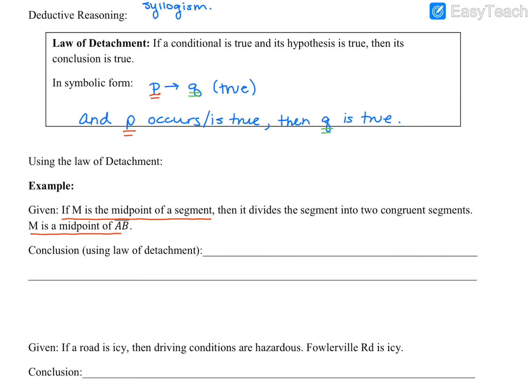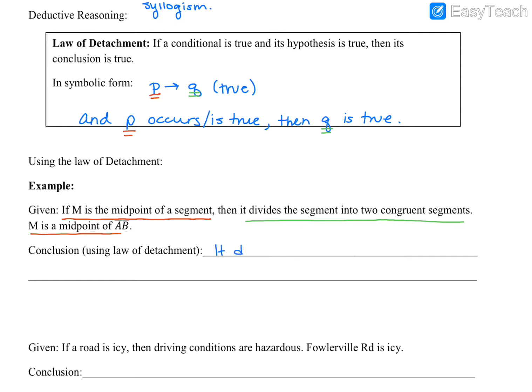Sorry, I realized I made my hypothesis in red before. So now we can come up with the conclusion. The conclusion is going to be it divides the segment into two congruent segments. But instead of saying divides the segment, we're going to be more specific here. We're going to say M is the midpoint of AB.